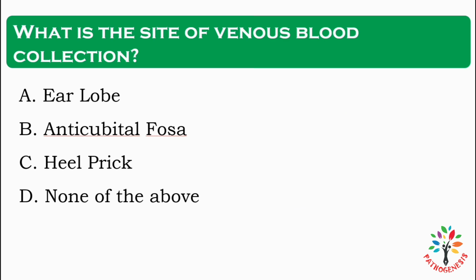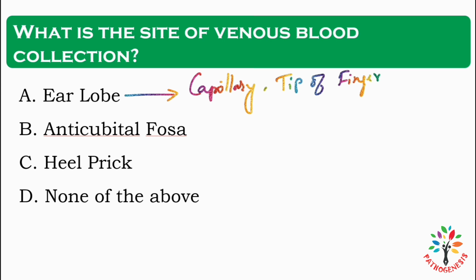What is the site of venous blood collection? Your first option is the earlobe. From the earlobe we usually collect capillary blood. Capillary blood is collected from the earlobe, the tip of your finger.